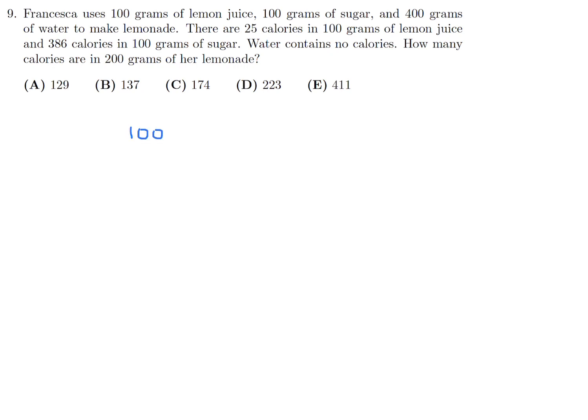So 100 grams of lemon juice, LJ, and lemon juice is different than lemonade. I just want to make that point because it might get slightly confusing otherwise. 100 grams of sugar and 400 grams of water.